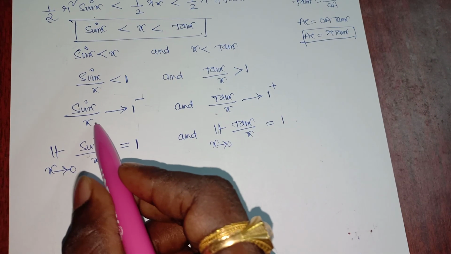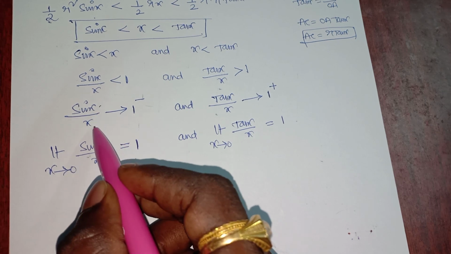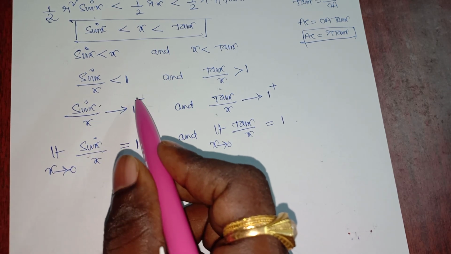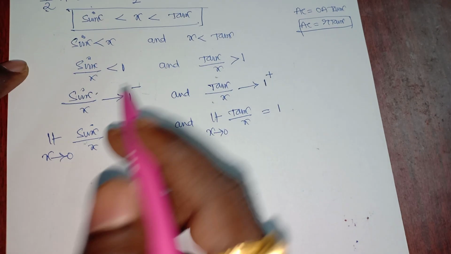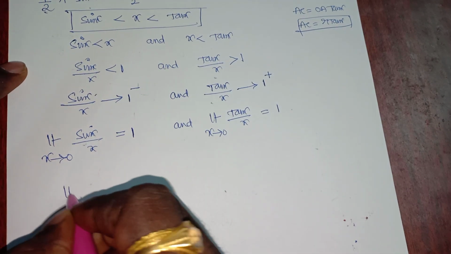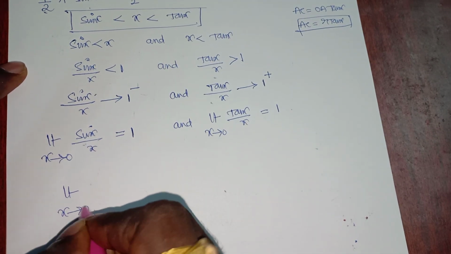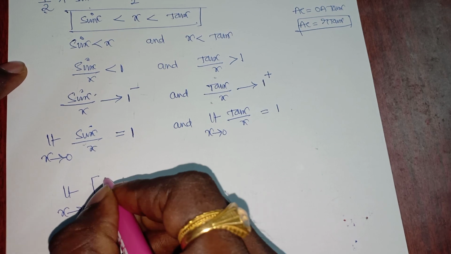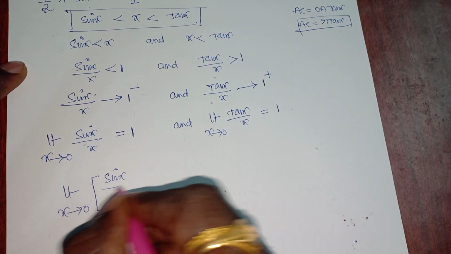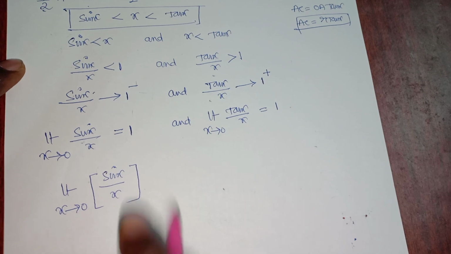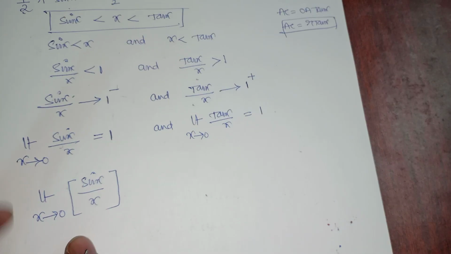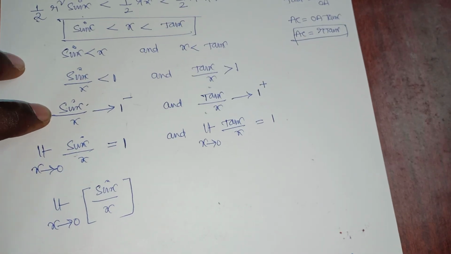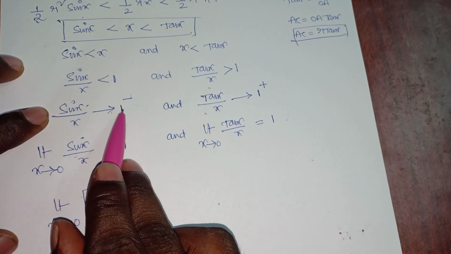See, this is the very important condition, that is sin x by x approaches 1 from the left side. That means what is limit x tends to 0 of the integral part of sin x by x? We need to find. We all know that sin x by x approaches 1 from the left side.